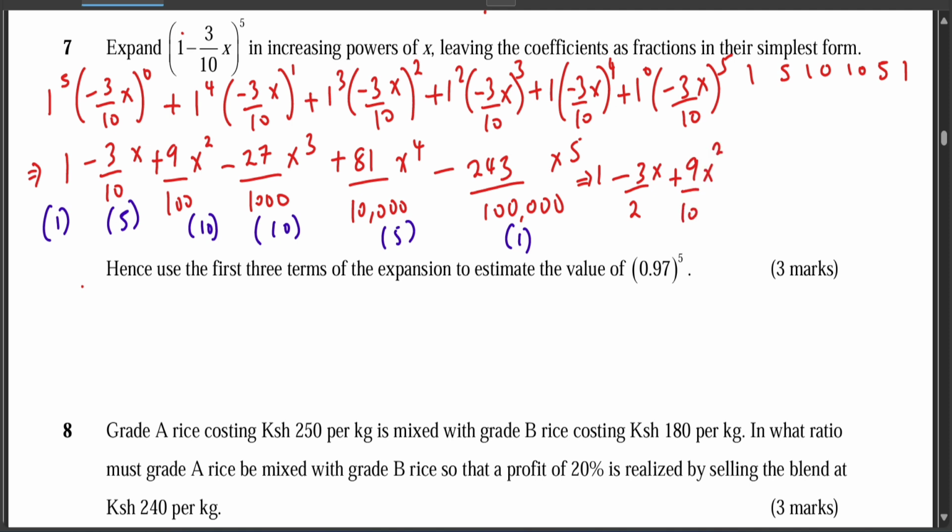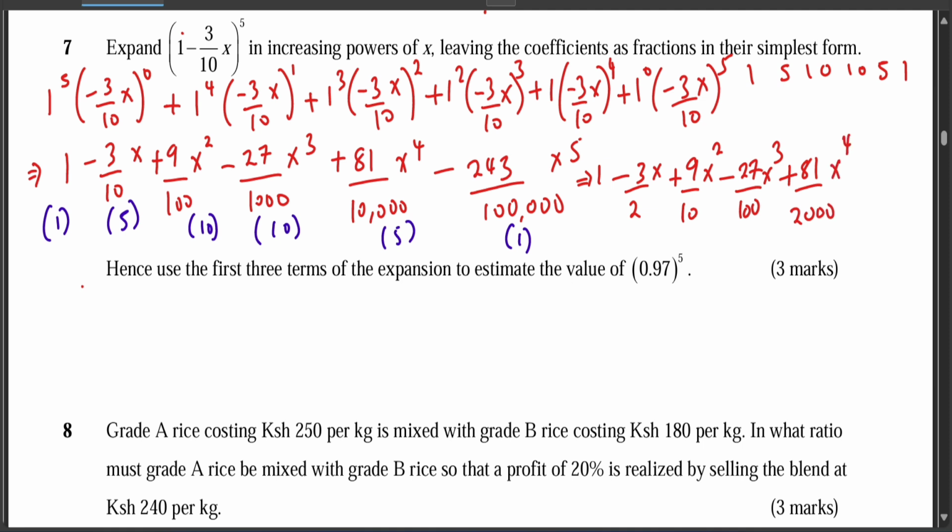Then minus, still the same thing, minus 27 over 100 x raised to power 3. Then plus 81 divided by 10,000 times 5, which gives you 81 over 2,000 x to the power 4.